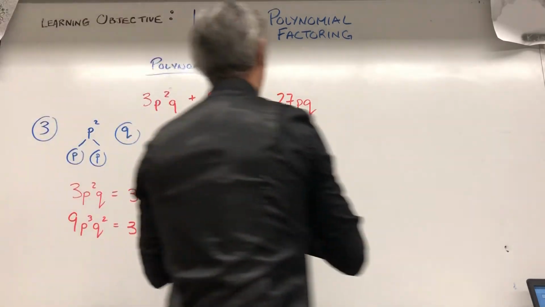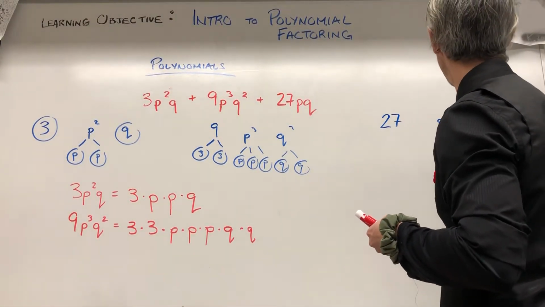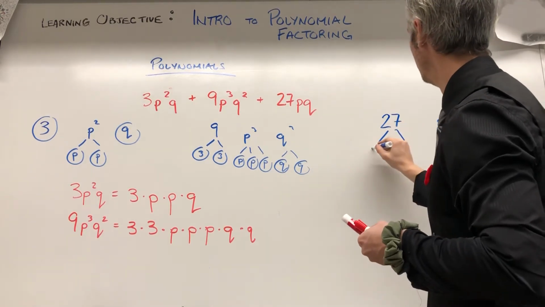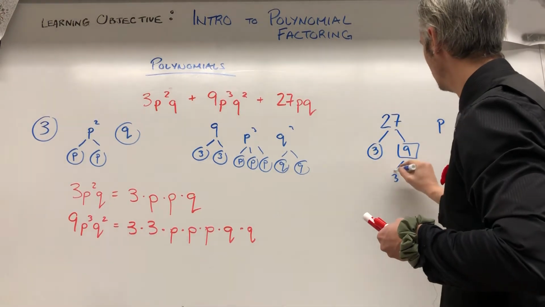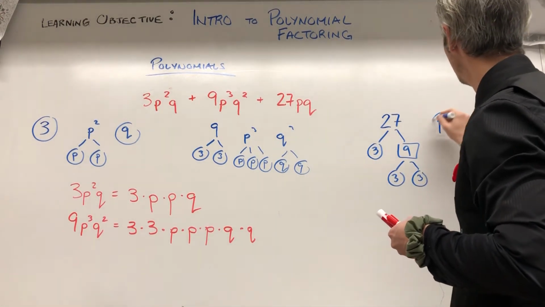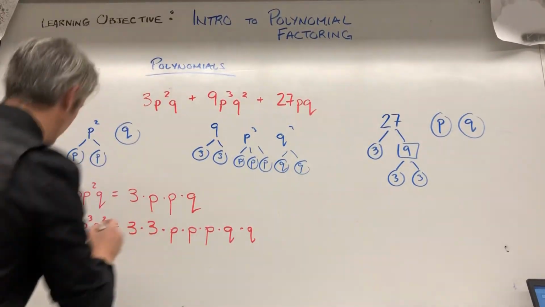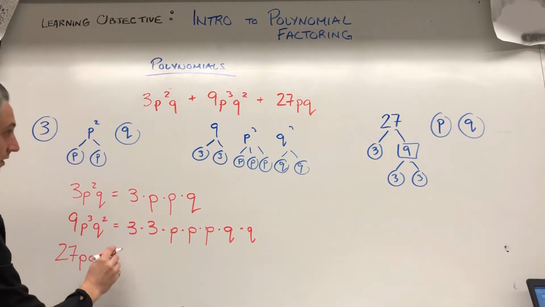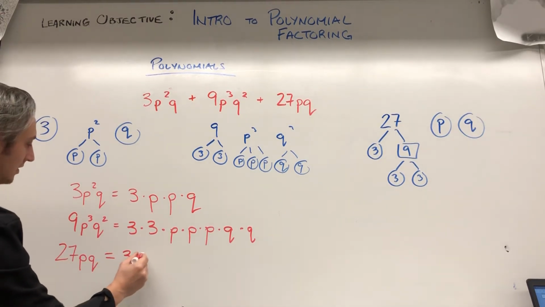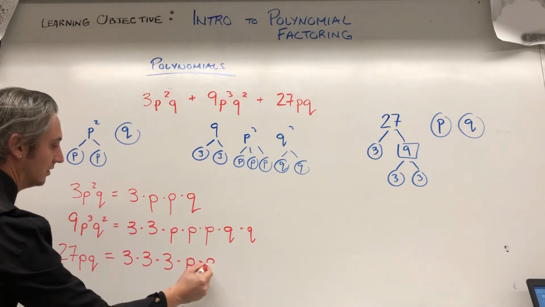And then 27pq. 27 factors down into a 3 and a 9, which then factors into 2 3's. p is already prime, q is already prime. They can't be factored any lower. So then 27pq is equal to 3 times 3 times 3 times p times q.